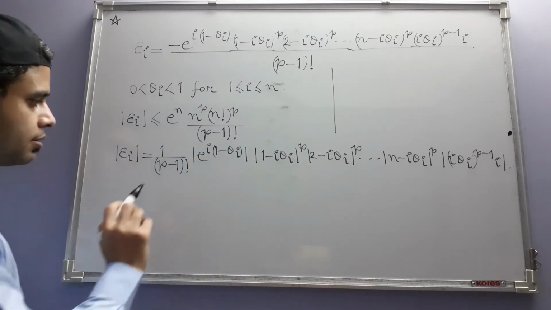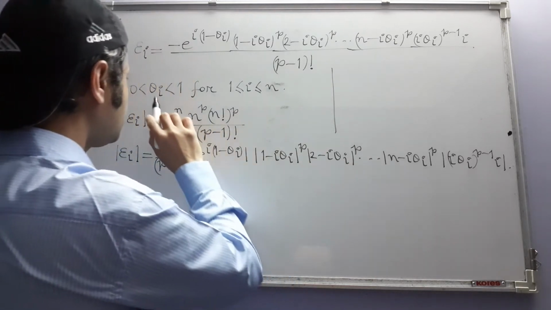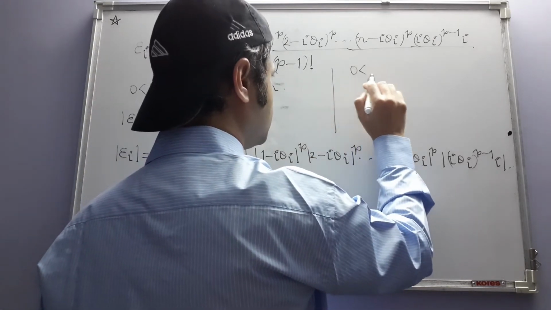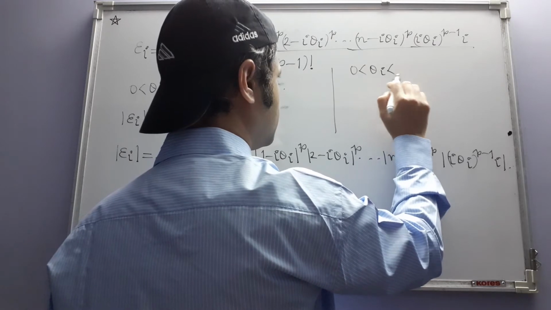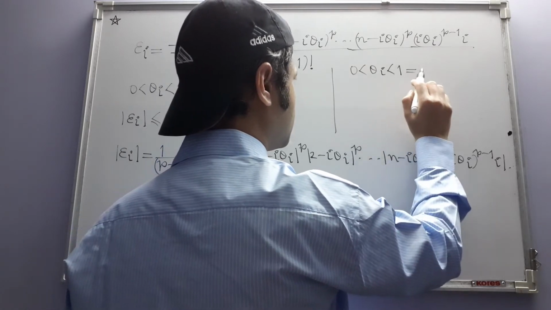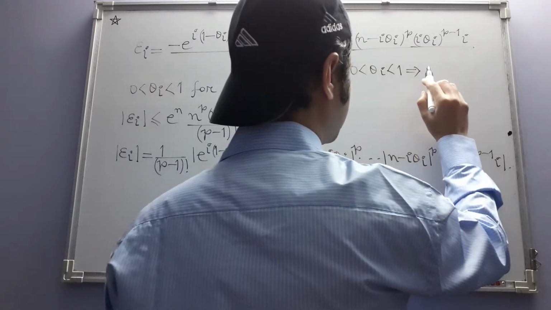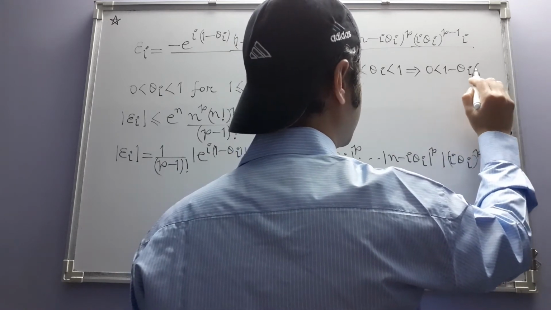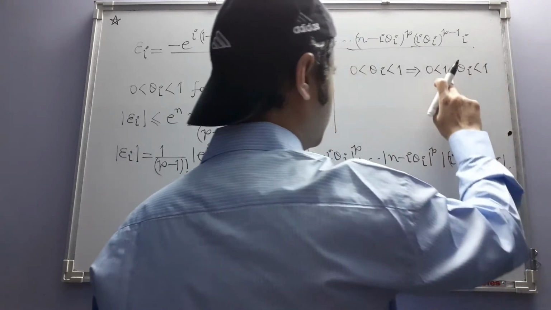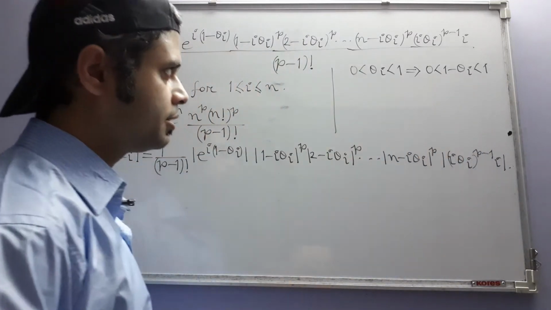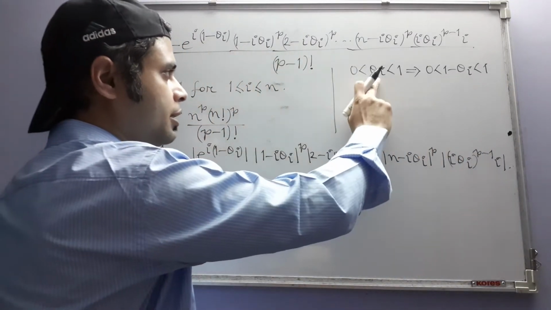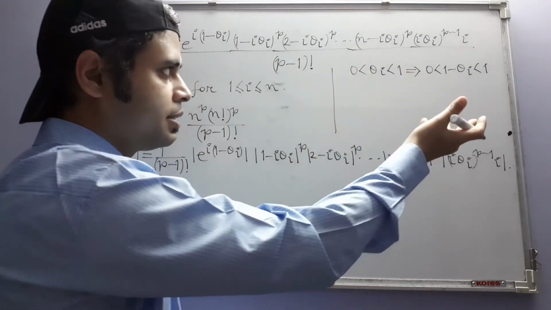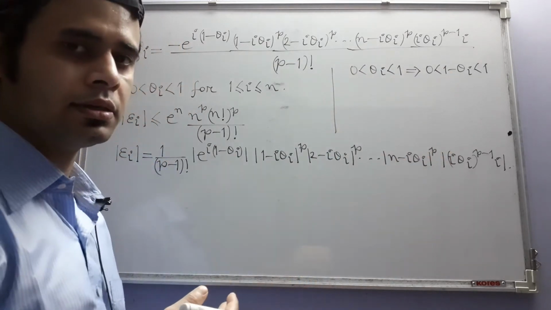Now in this part, theta i lies between 0 and 1. This implies 1 minus theta i also lies between 0 and 1. 1 minus theta i is positive because theta i is less than 1, and 1 minus theta i is less than 1 because theta i is positive.